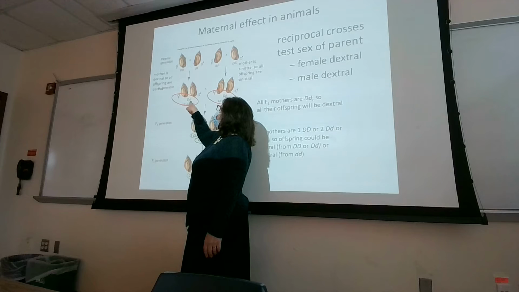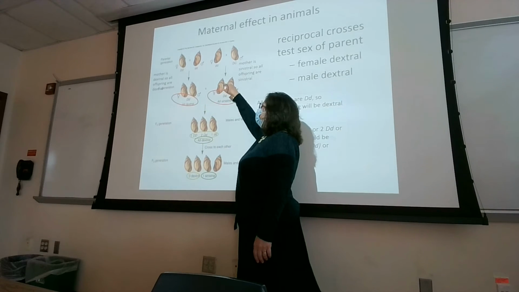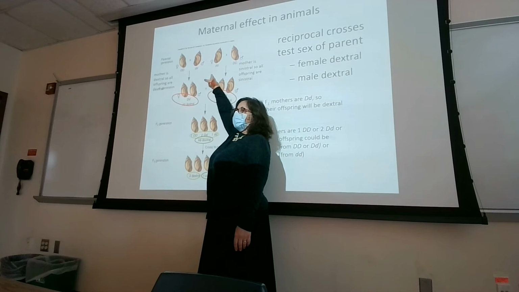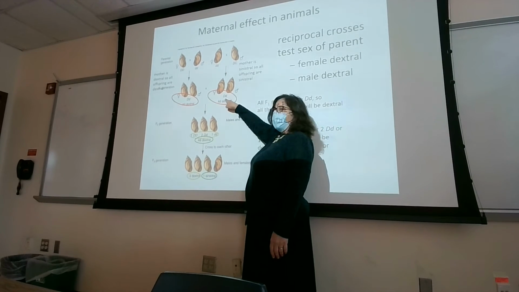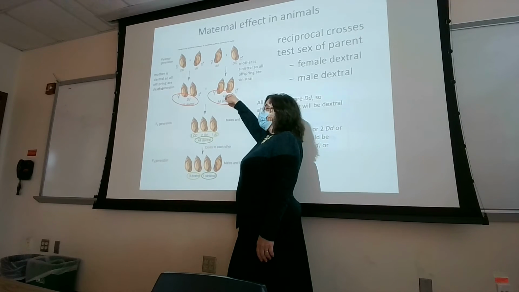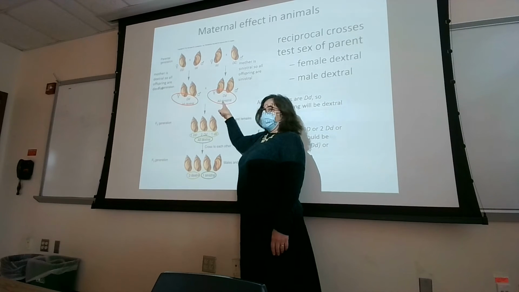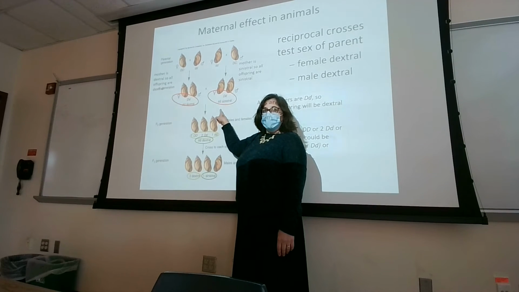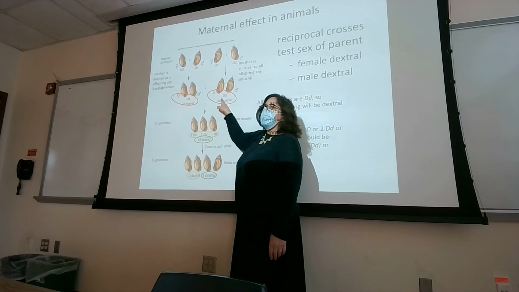You do get all heterozygotes that are all right-handed. But when you do the opposite cross where the female is recessive and the male is dominant, all of the offspring have the same genotype of heterozygote, but because the mother was recessive, they're all recessive. They do not show the dominant trait, even though they have the dominant genotype.